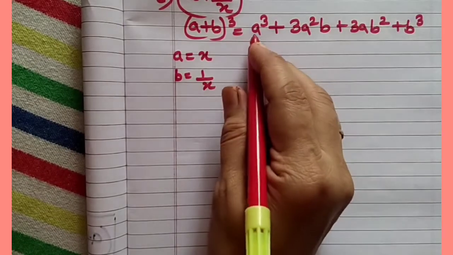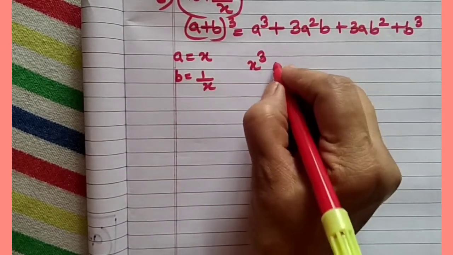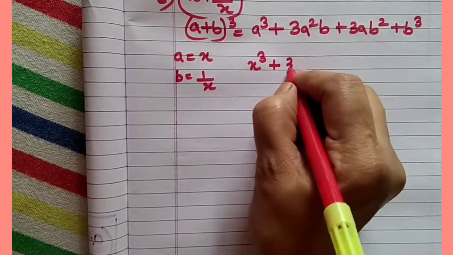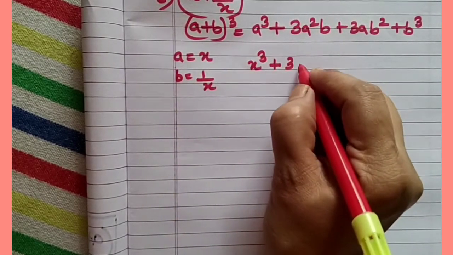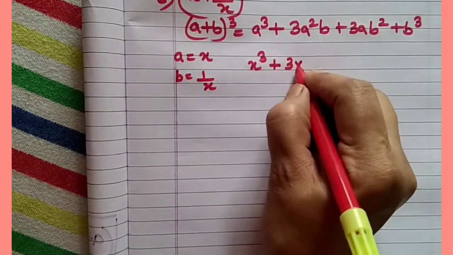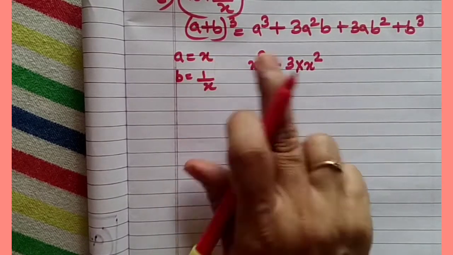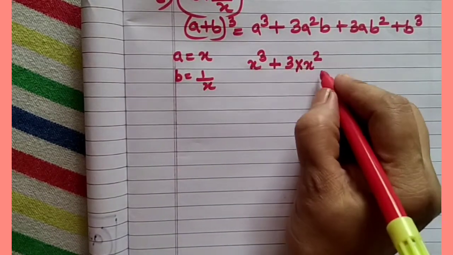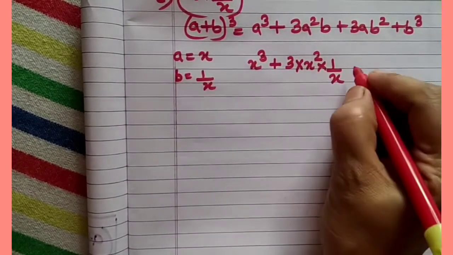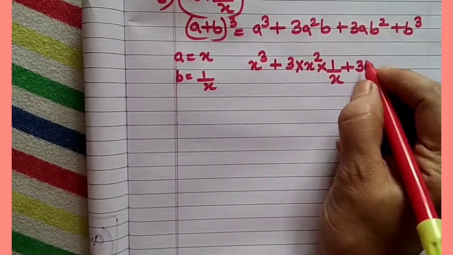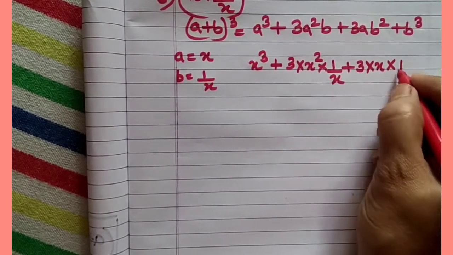So first, what is a cube? It will be x cube plus 3 into a square. Now what is a? You can put the multiplication, x square. Why? Because a is x. Multiplied by b. What is b? 1 upon x. Then next, plus 3 multiplied by x, b square. Now 1 upon x.